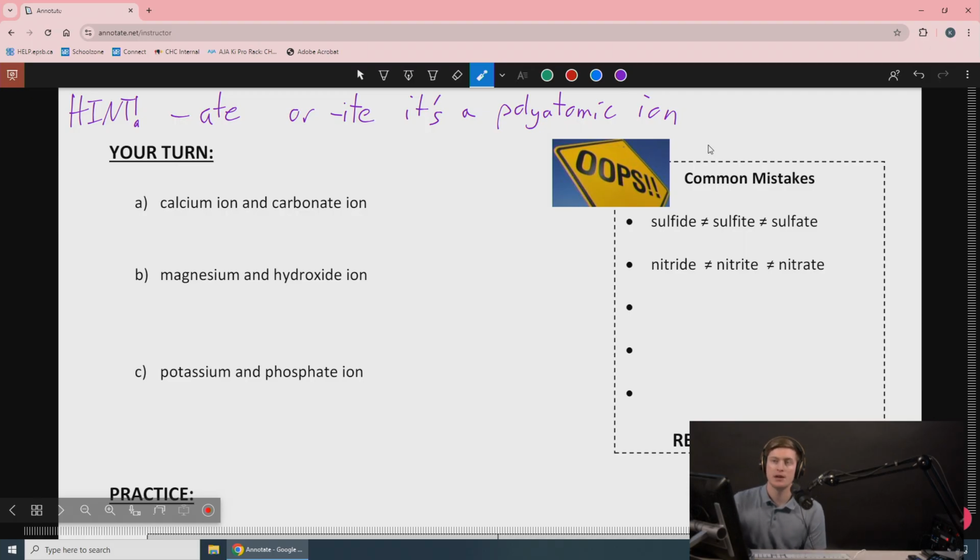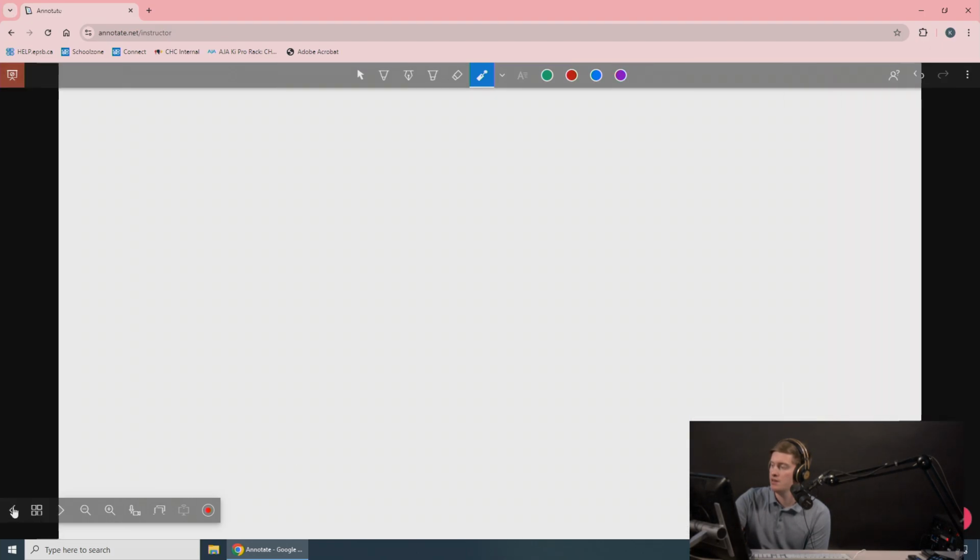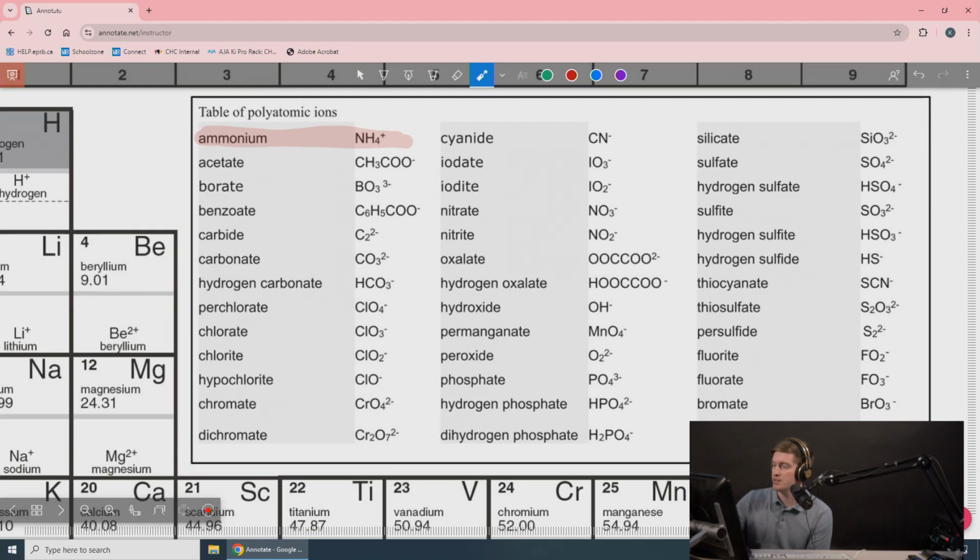There are some polyatomic ions that end in ide, and there are some polyatomic ions that end in ium, like ammonium. If you go back to your table of polyatomic ions, take a look through it, and notice that a lot of these end in ate, or a lot of these end in ite.